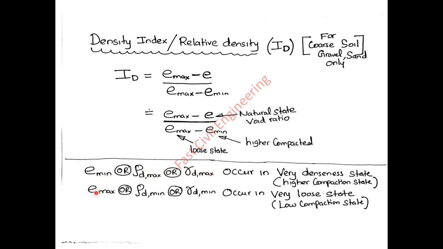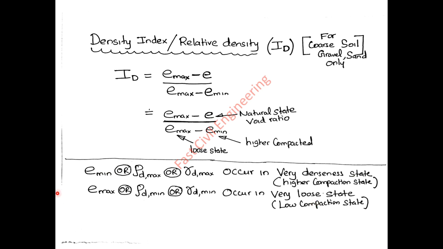E maximum means voids maximum, higher voids. That is a very loose state. Density minimum or gamma d minimum occurs in a very loose state, low compaction state. E minimum occurs in a very dense state, higher compaction state.